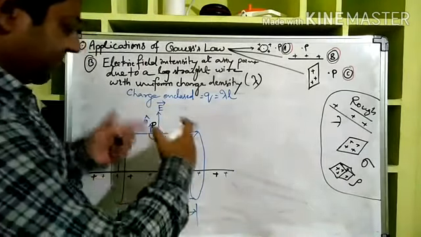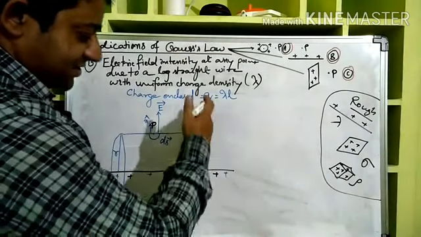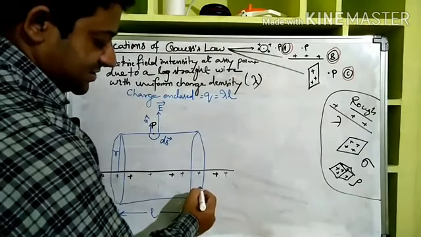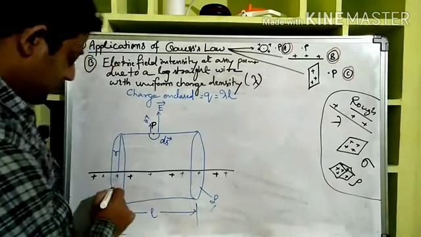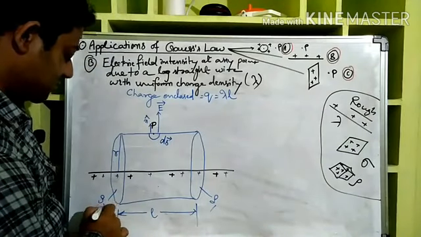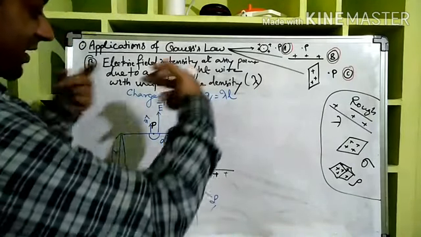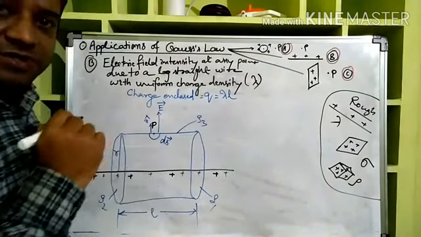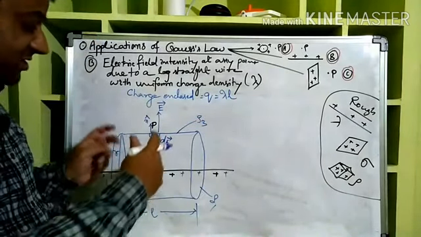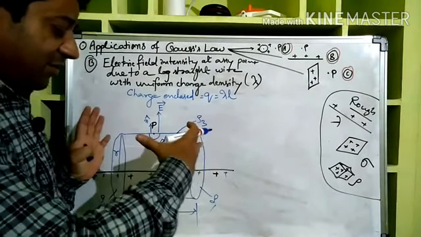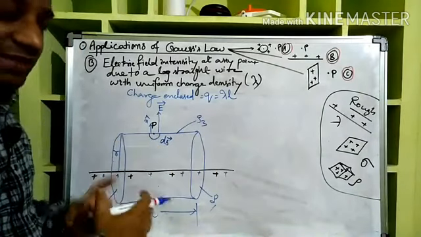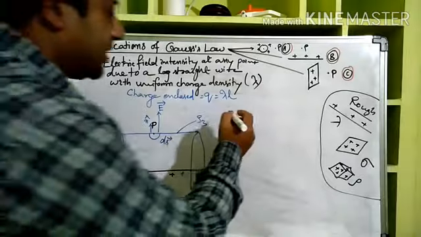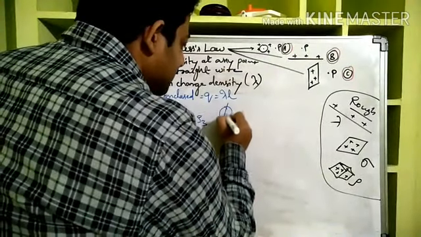Now how many surfaces are there on the cylinder? On this side one flat surface, let us say this surface is S1. On this side one flat surface, this is S2, so two flat surfaces and one curved surface. Let us say this is S3. Understood or not? The cylinder has three surfaces, and these three surfaces make it a closed surface, right? Now, what is the total flux?